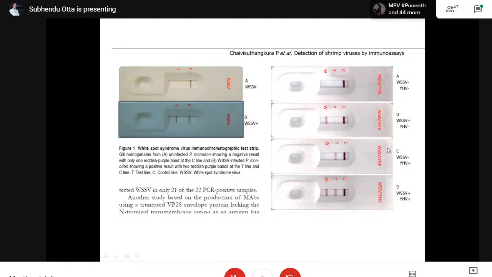It has also been developed for multiple viruses together, like white spot virus and yellow head virus, so depending on which virus is present, you can detect it. And this will be very easy, particularly for the farmers, because you just add a little bit of your shrimp extract and then add some buffers, develop, and you can know the result very quickly.